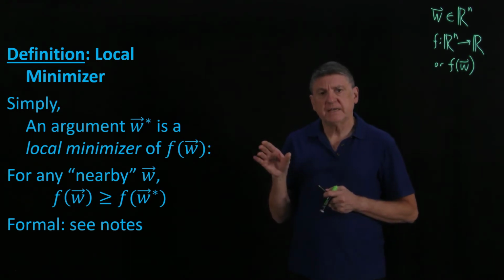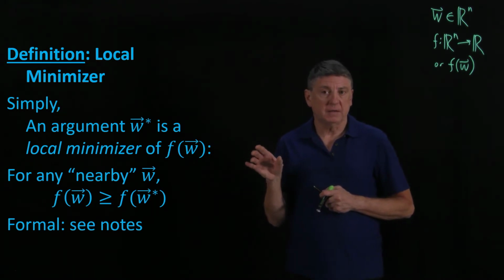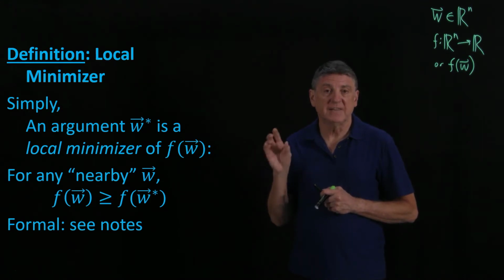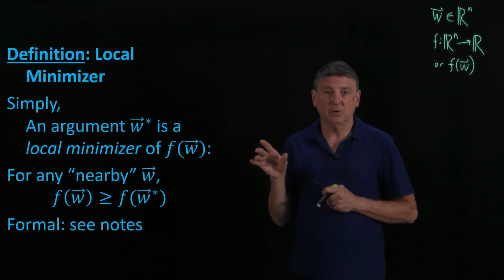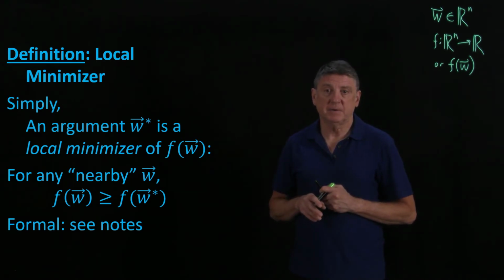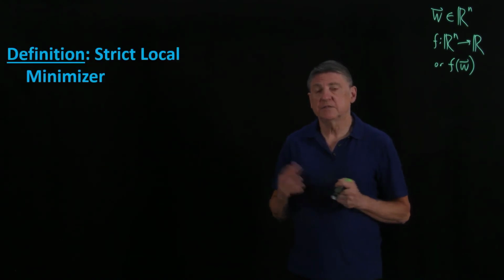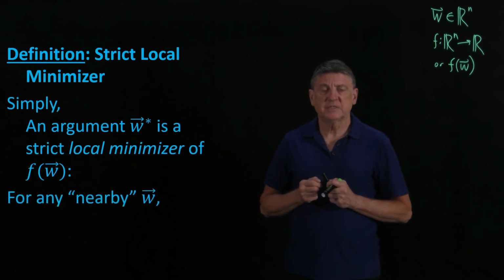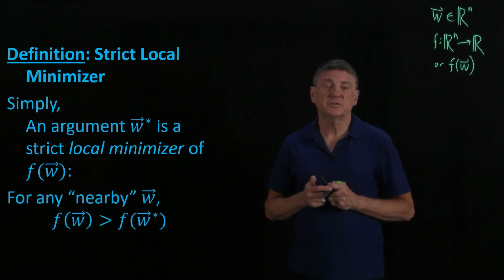Informally, what we're saying is that W star, that local minimizer, is inside a small open set, and that everything inside that open set is guaranteed to evaluate to a value greater than or equal to the value at that minimizer. And similarly, we can say that it's a strict local minimizer, and now instead of having that inequality, we have a strict inequality.